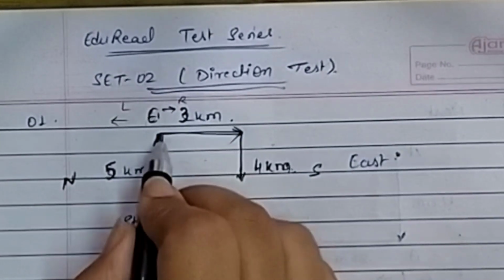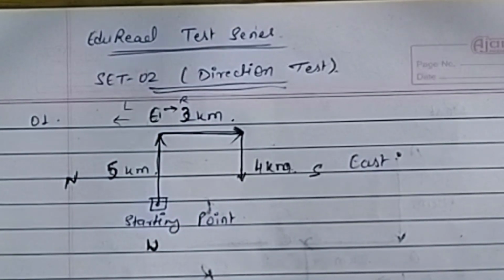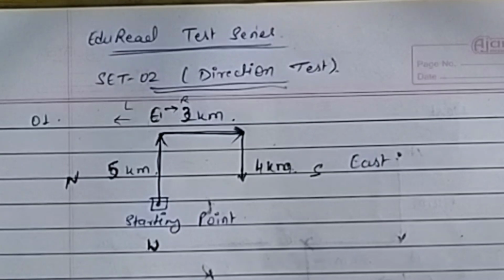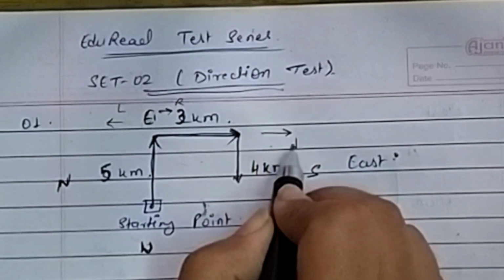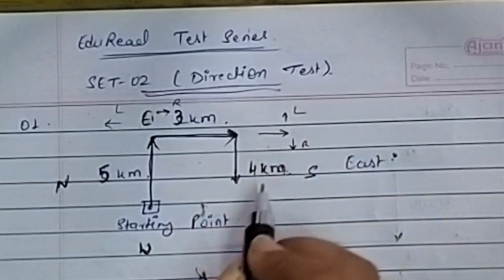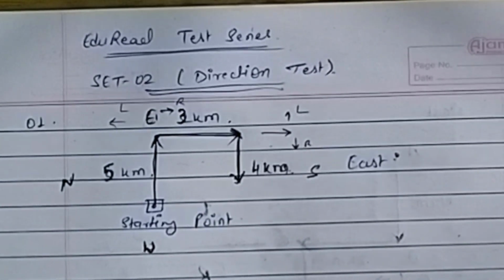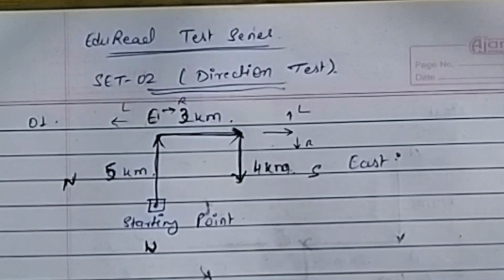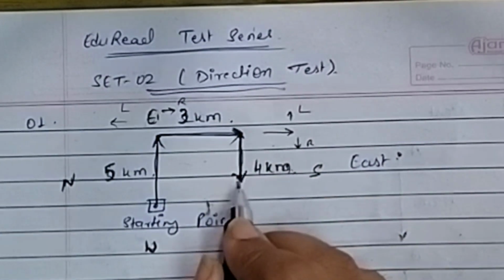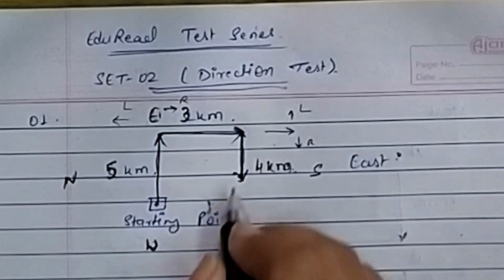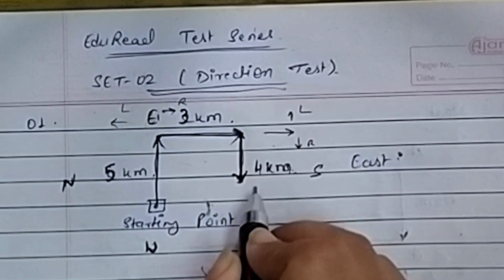So he took the right turn and walked for 3 kilometers, and after covering the 3 kilometers, he again took the right turn and walked for 4 kilometers. So facing this side, right will be like this and left will be like this. So he has taken the right turn and walked for 4 kilometers. Now after this, he turned back. So he is in this downward direction pointing west, but after covering that 4 kilometers, he turned back.